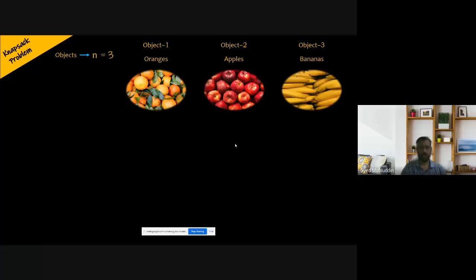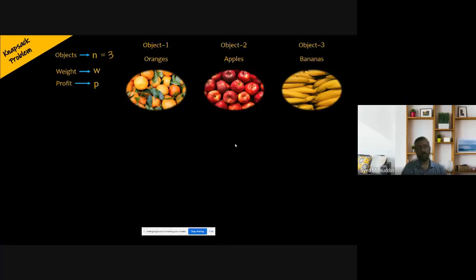In some textbooks, an example is taken of object 1 as gold, object 2 as silver, object 3 as diamonds. But anyway, let us use common entities there: oranges, apples and bananas.